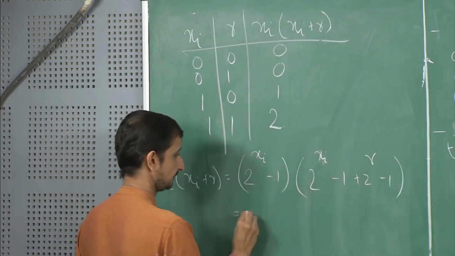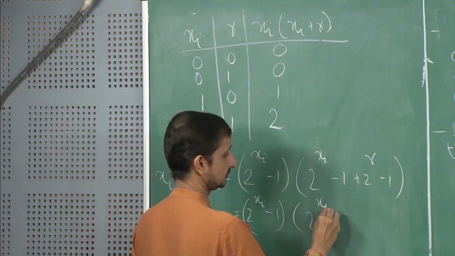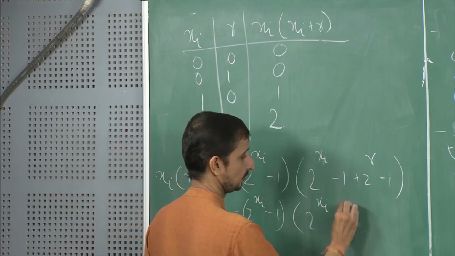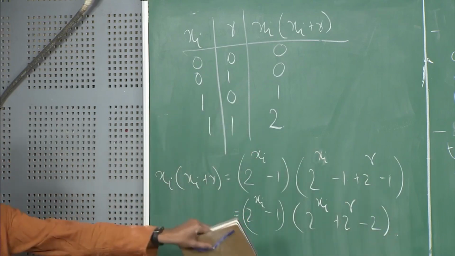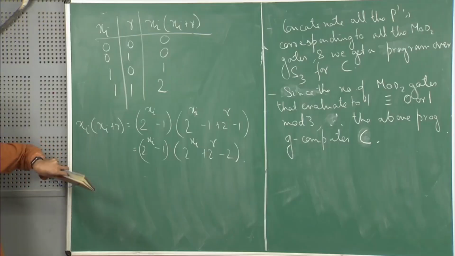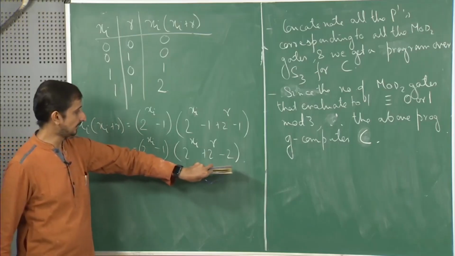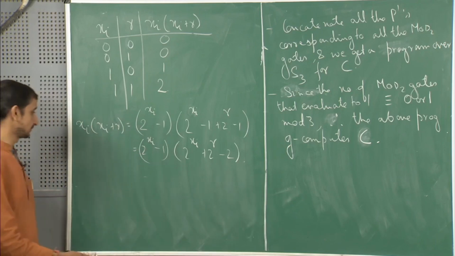So, this is nothing but 2 raised to the power xi minus 1 times 2 raised to the power xi plus 2 raised to the power r minus 2. We can expand this out and we get powers of 2 essentially, okay, we get 6 powers of 2.